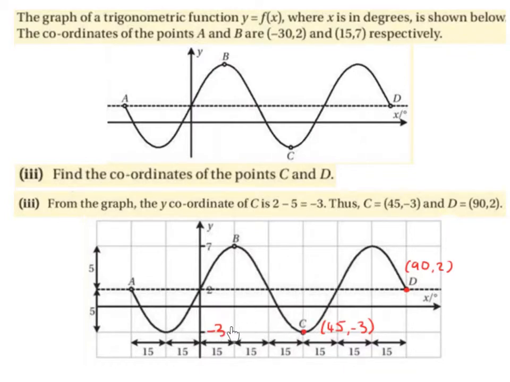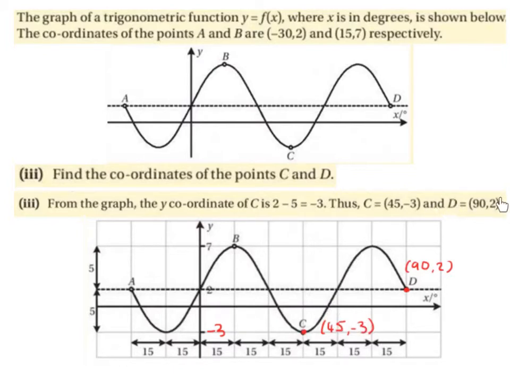So we definitely have -3 as a y value for point C. And then to get the 45, well, we know that the point B matches up with 15 on the x-axis, and 15 plus 15 plus 15 gives us 45. So the point C is (45, -3).